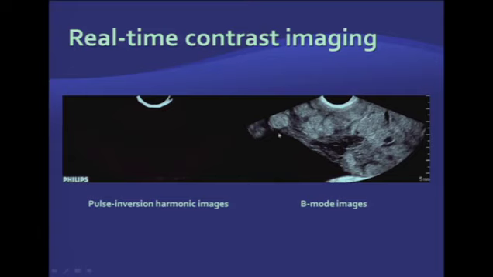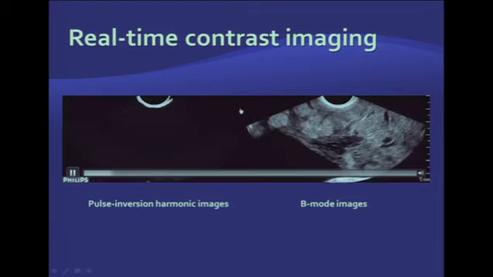Next to it, you will see B-mode image, which will be of slightly degraded quality due to low mechanical index used to produce these images. But this is a phenomenal tool to guide the ultrasound examination to know exactly where you're imaging with contrast.